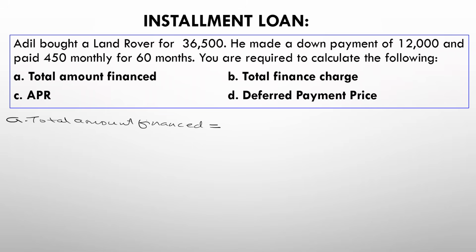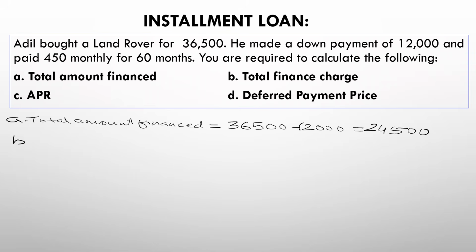Purchase price minus down payment. So what is the purchase price? 36,500 minus down payment. He purchased the Land Rover for 36,500, but 12,000 he made as a down payment, meaning he paid it from his pocket. So 12,000 minus. So what will be the amount? The total amount of loan taken by Adil, or the amount financed, is 24,500.